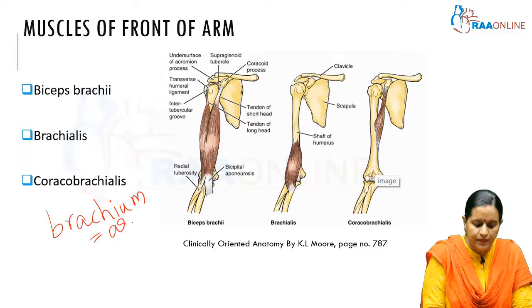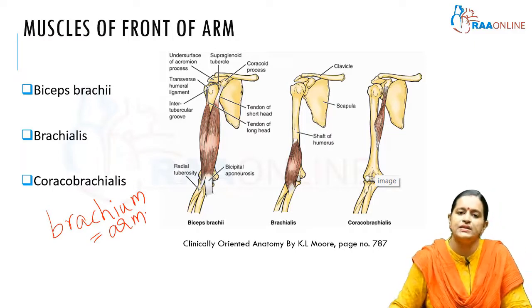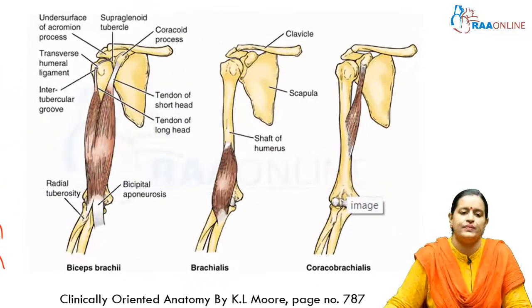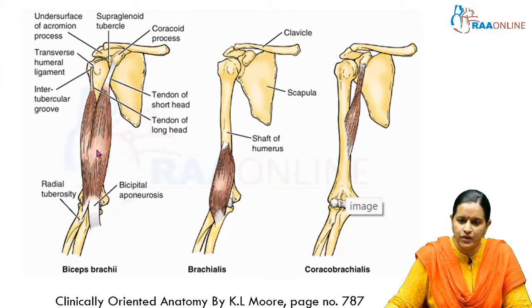So this one is a muscle of the arm which has two heads. Bi means two and ceps relates to heads. So this is the muscle of front of arm with two heads. This is one head and this is the other head. This is called biceps brachii.